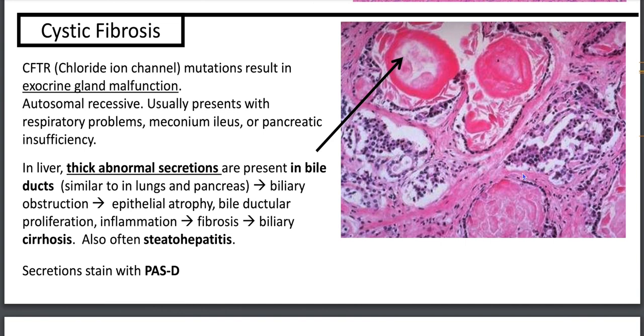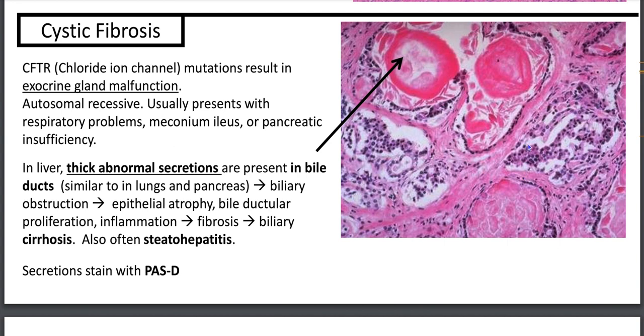Cystic fibrosis. This is a chloride ion channel mutation, and that results in exocrine gland malfunction. It's fascinating: I think usually of issues with the lung and pancreas, but you can also have issues with your liver.